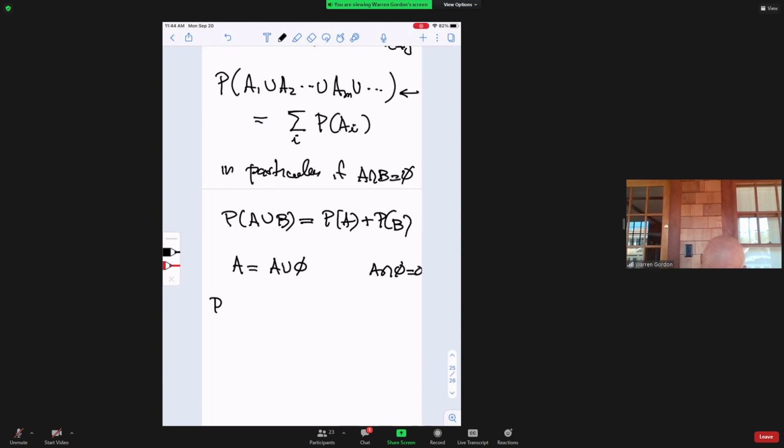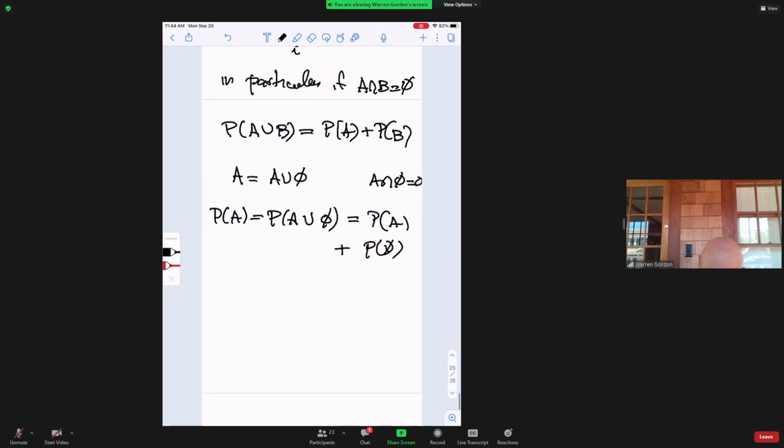So the probability of A, which is equal to the probability of A union the empty set, is equal to the probability of A plus the probability of the empty set, because they're disjoint.